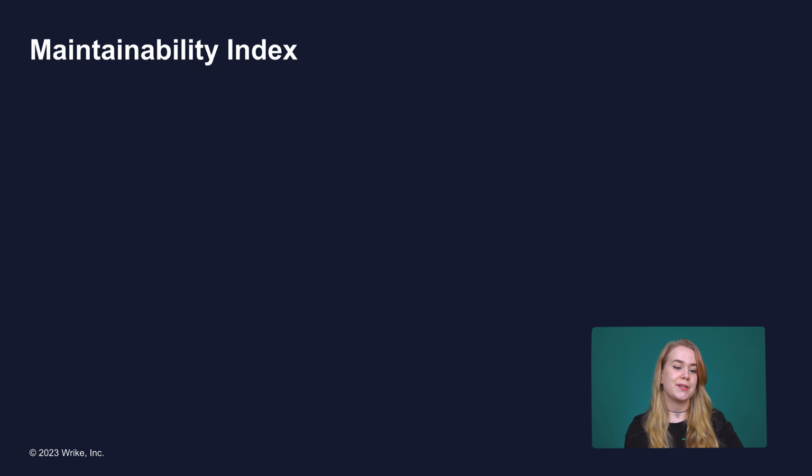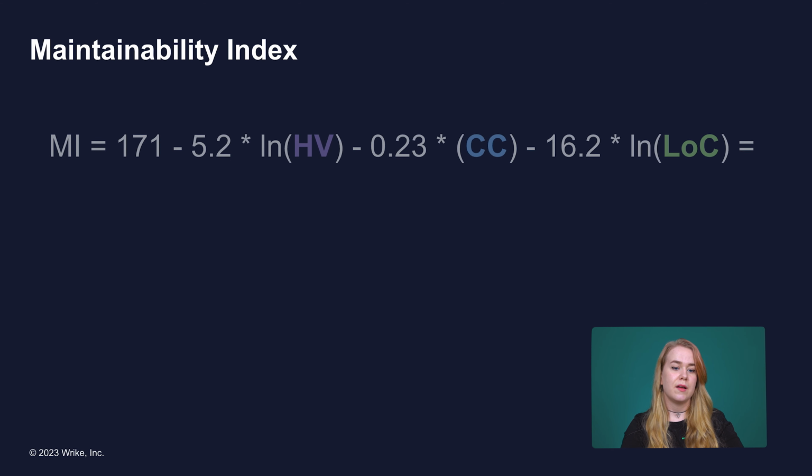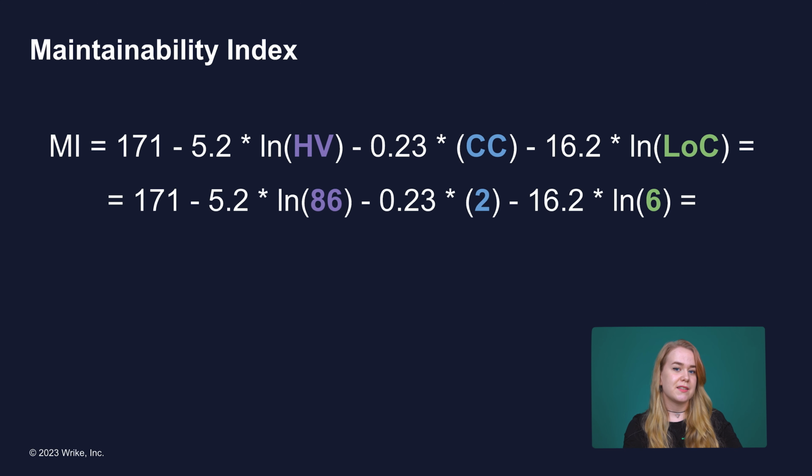And now let's return to the Maintainability Index function. So we've calculated Halstead Volume right now, and we've calculated cyclomatic complexity earlier, and the number of lines of code is equal to 6. So we get a number equal to 118.35.